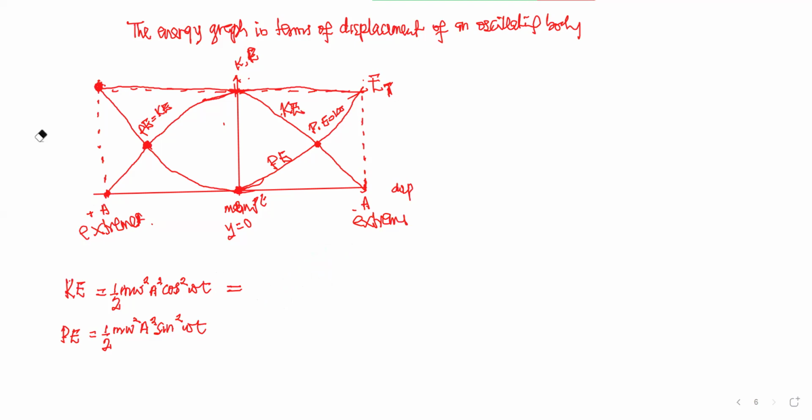So we are going to plot the energy graph with respect to time for one cycle. So the vertical axis is for energy, then the horizontal axis would be for time.